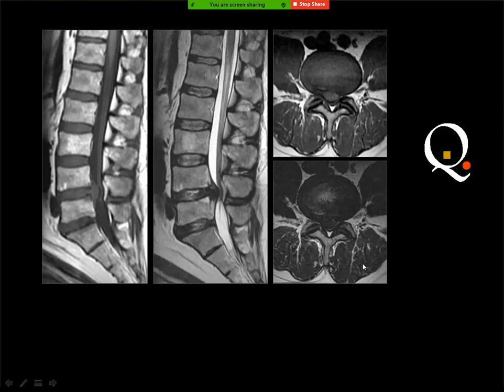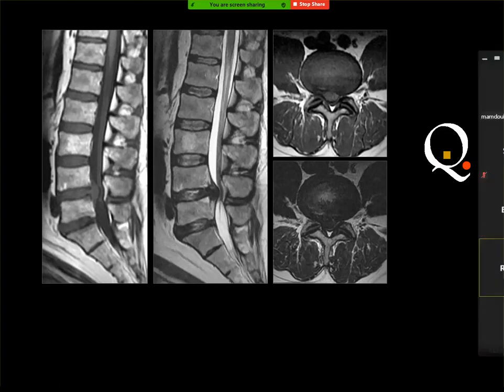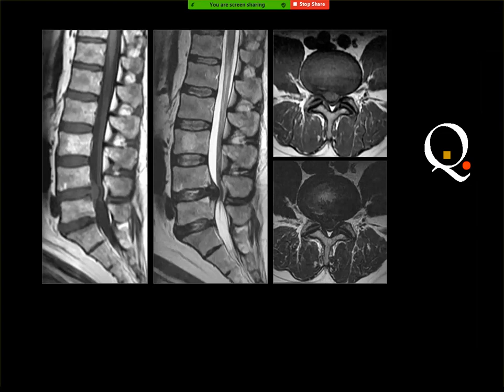Then what do you think about this case? Yeah. MRI T1 sagittal, T2 sagittal. T2 axial, T1 axial.